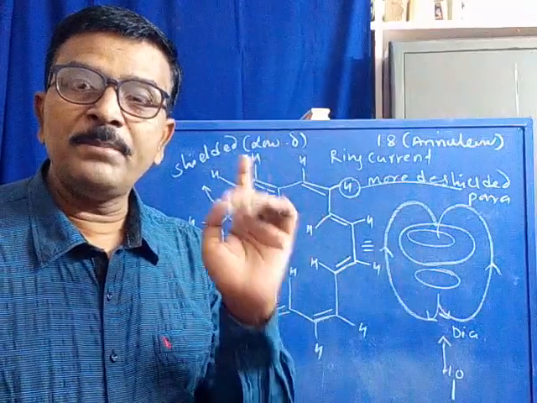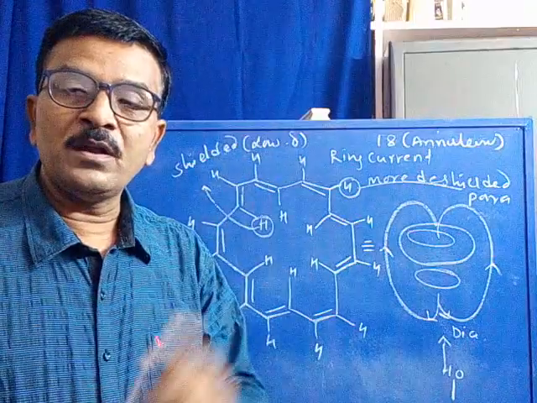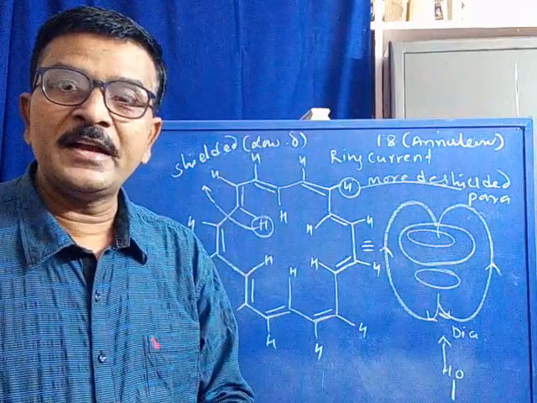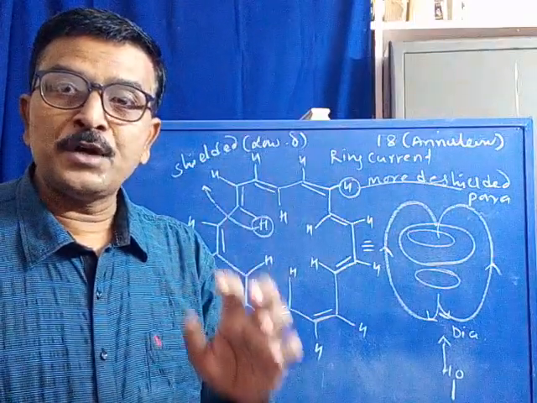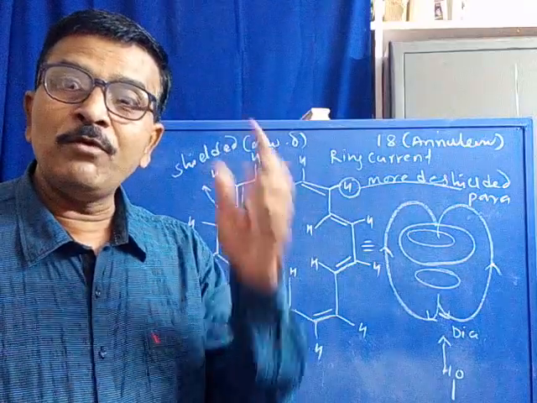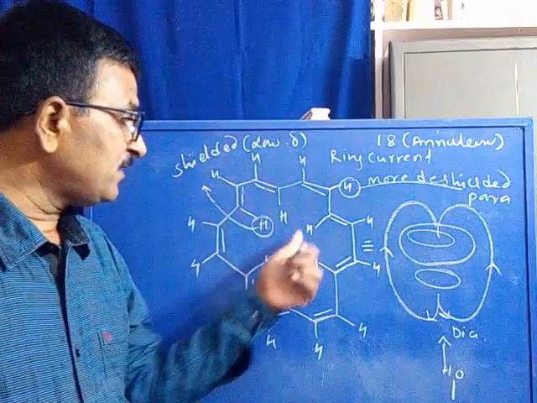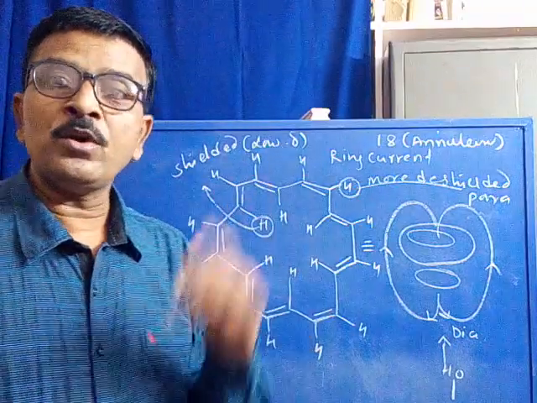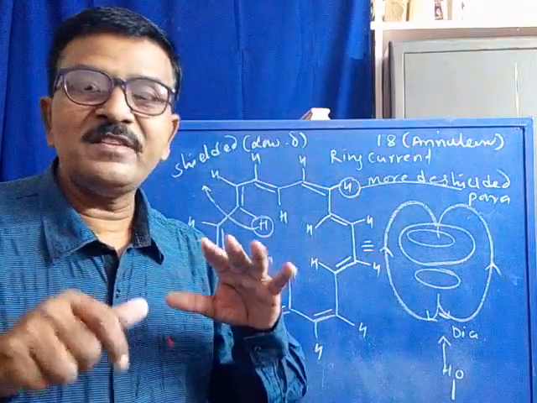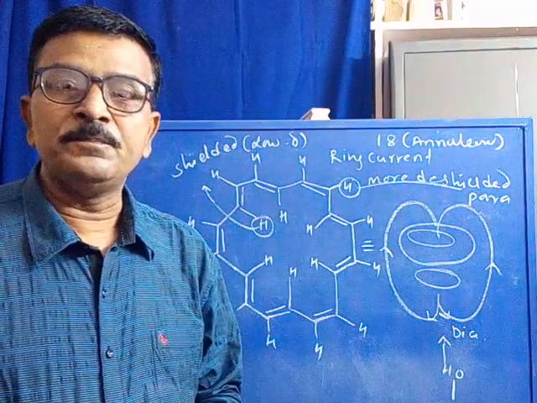The signals appear at higher delta value. Whereas the inside protons are lying under the diamagnetic ring current, hence absorb energy at higher frequency, therefore the signals appear at lower delta value, and the 6 inside protons are more shielded protons. So this is about the anisotropic effect in an annulene.